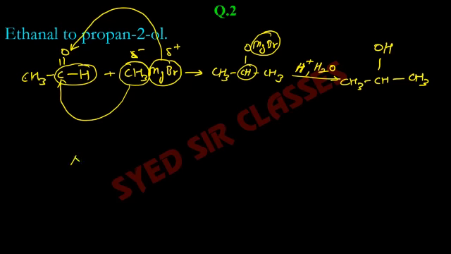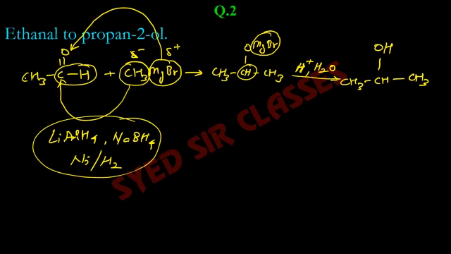You can do reduction through nickel and H2 or you use lithium aluminum hydride or NaBH4, and directly you will get the alcohol. I am telling you the last step to get the alcohol, in this case directly, if there is no increase in the carbon.